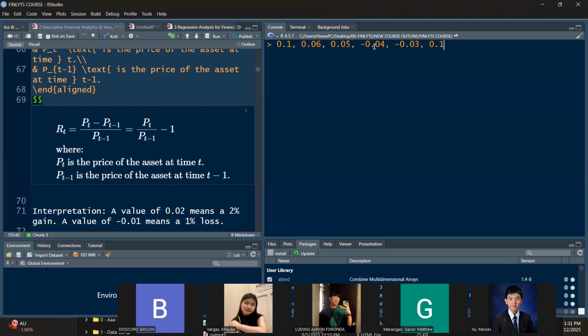I'll give you 1 minute, please, to determine the total simple return of this asset given the six periods. So you can compute using R, please.